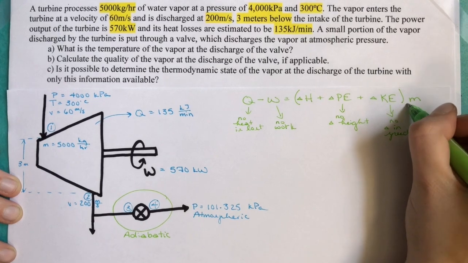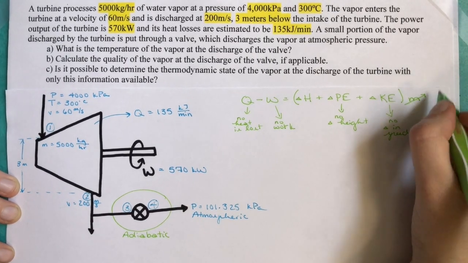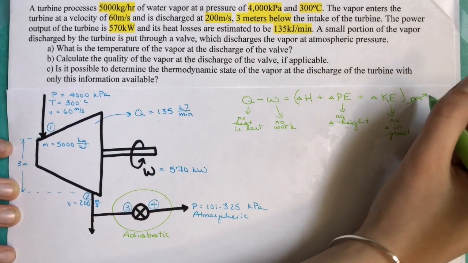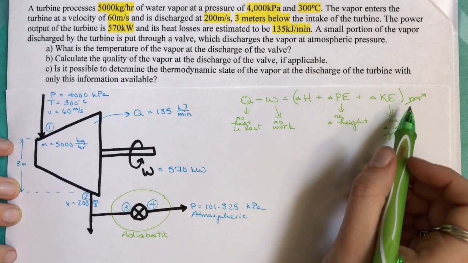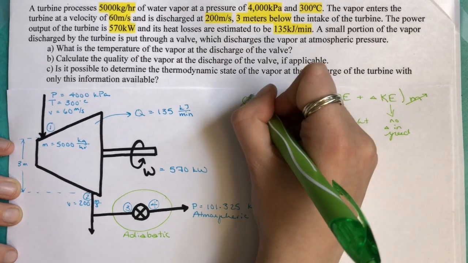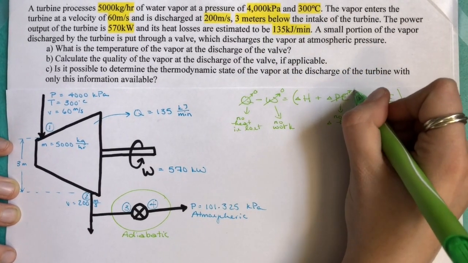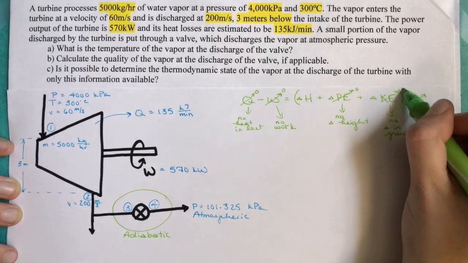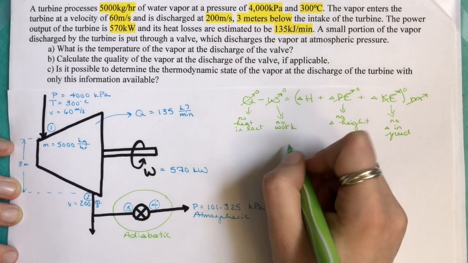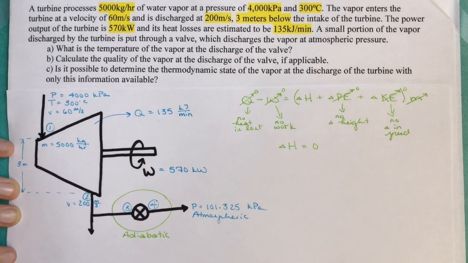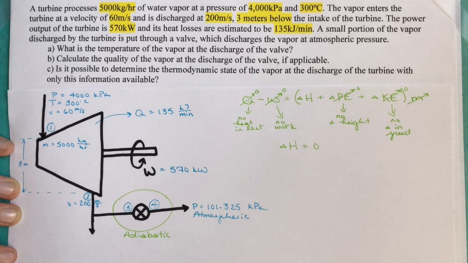And we're going to ignore mass for the time because there is a mass flow through the turbine, so we're going to ignore that through this equation. So what do we have left? This goes to 0, this goes to 0, this goes to 0, and this goes to 0. So at this point we know that delta H equals 0. What does that tell us?